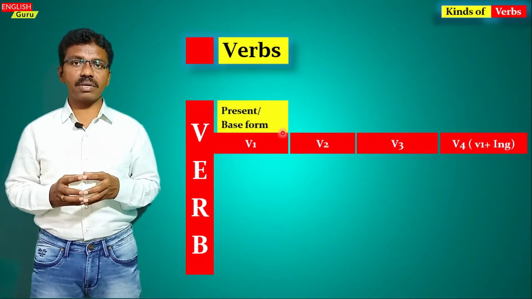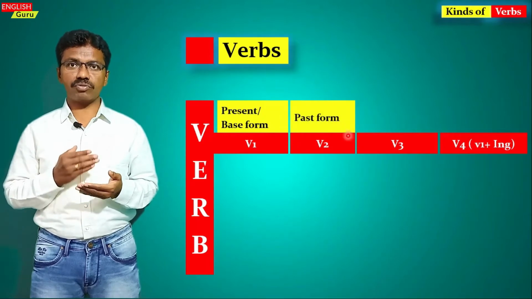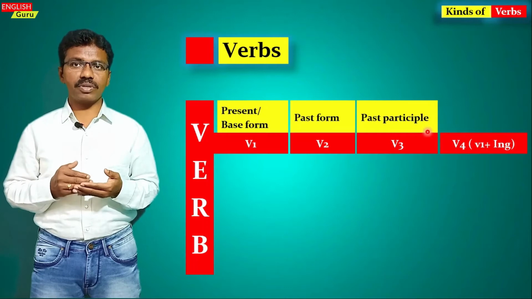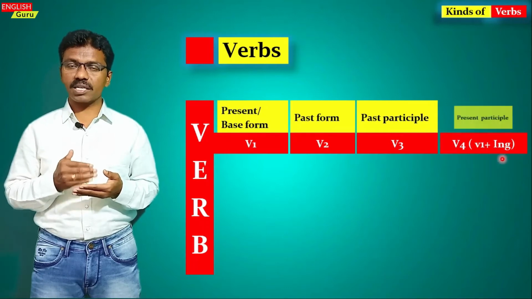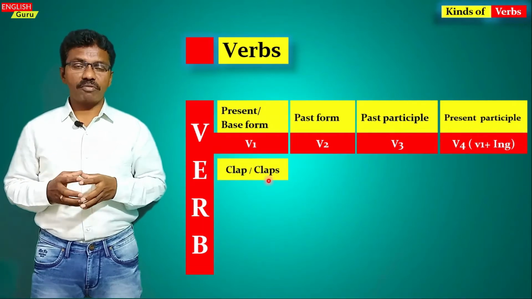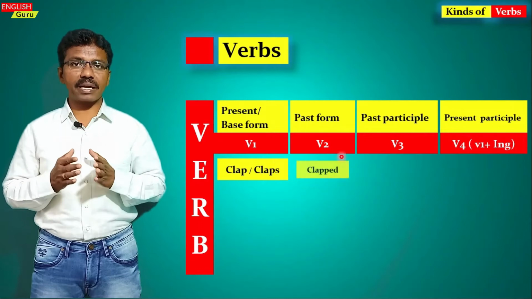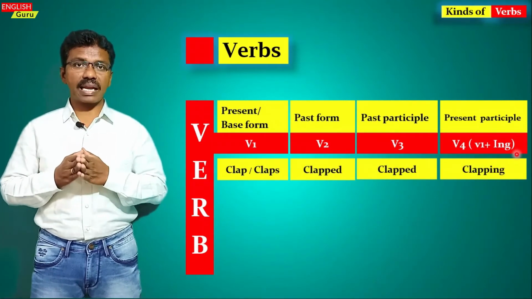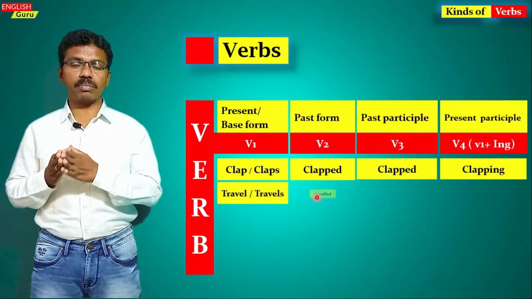Verb 1 is nothing but the present form or base form. Verb 2 is the past form. Verb 3 is the past participle form of that verb, and verb 4 is verb 1 plus ing form. For example, if you take clap: claps, that is present form verb 1, clapped verb 2, clapped verb 3, clapping verb 4.